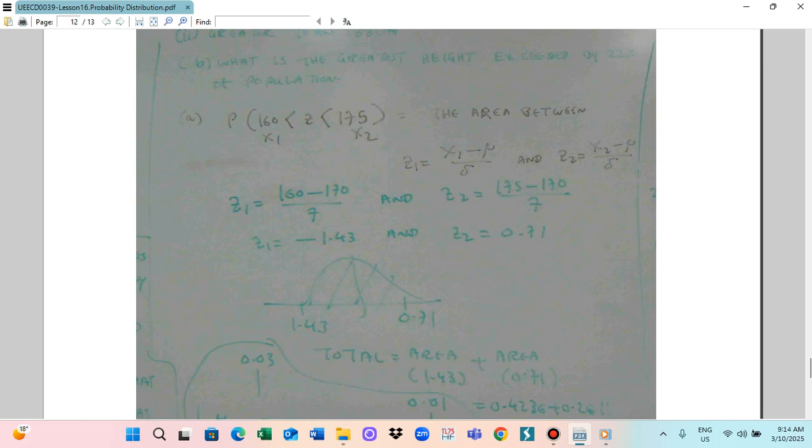This means the area between them. So 160 is the H1 and 175 is the H2. To calculate this probability, this is the area between H1 and H2, using Z equal to.